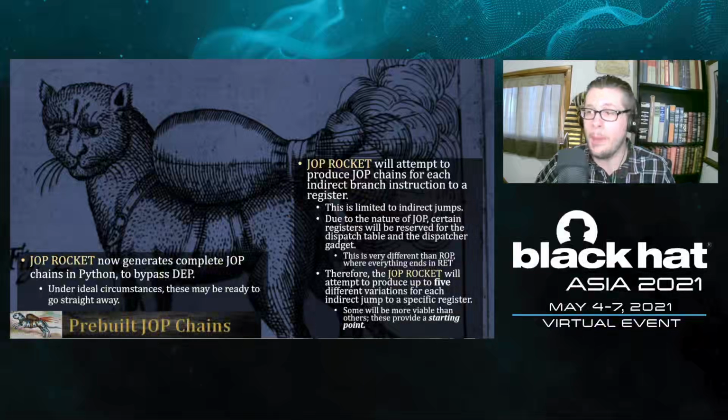And at the same time, if you have a functional gadget that ends in jmp EAX, it's probably going to stay in jmp EAX and not end in jmp EBX. So there are lots of different possibilities in terms of the different JOP chains we can generate. We also produce 5 variations for each specific register utilizing different stack pivot amounts.